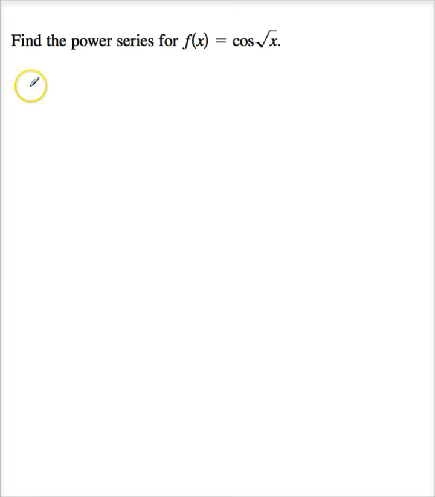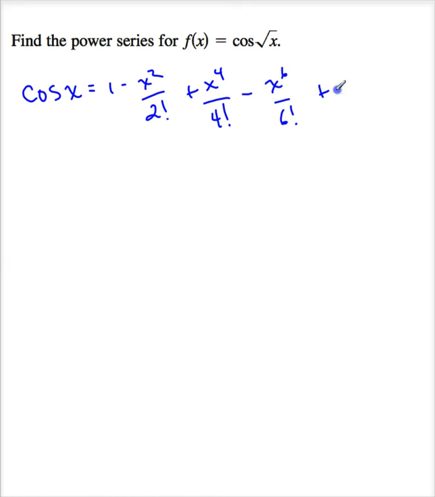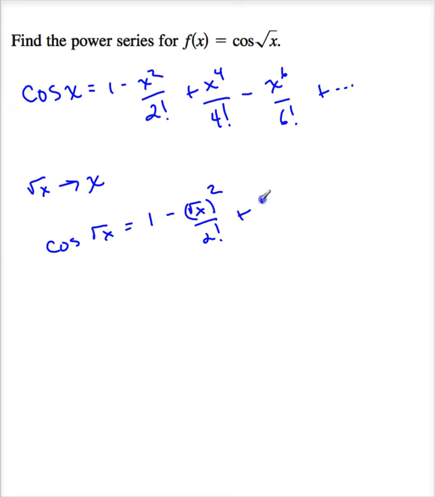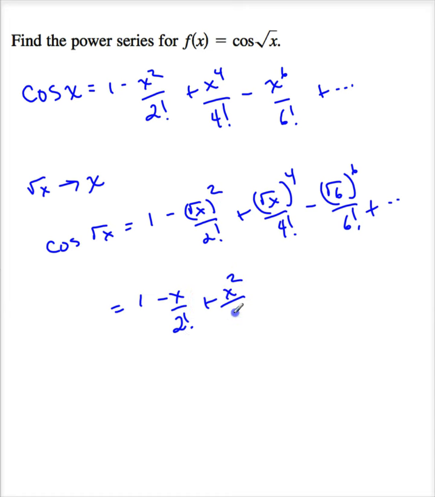I don't want to do these derivatives, but I know that the expansion of cosine of x is 1 minus x squared over 2 factorial plus x to the fourth divided by 4 factorial minus x to the sixth over 6 factorial, etc. So if I replace every x with the square root of x, I see the cosine of the square root of x is 1 minus the square root of x squared over 2 factorial plus the square root of x to the fourth over 4 factorial minus the square root of x to the sixth over 6 factorial, or 1 minus x over 2 factorial plus x squared over 4 factorial minus x cubed over 6 factorial, and we could keep going on.